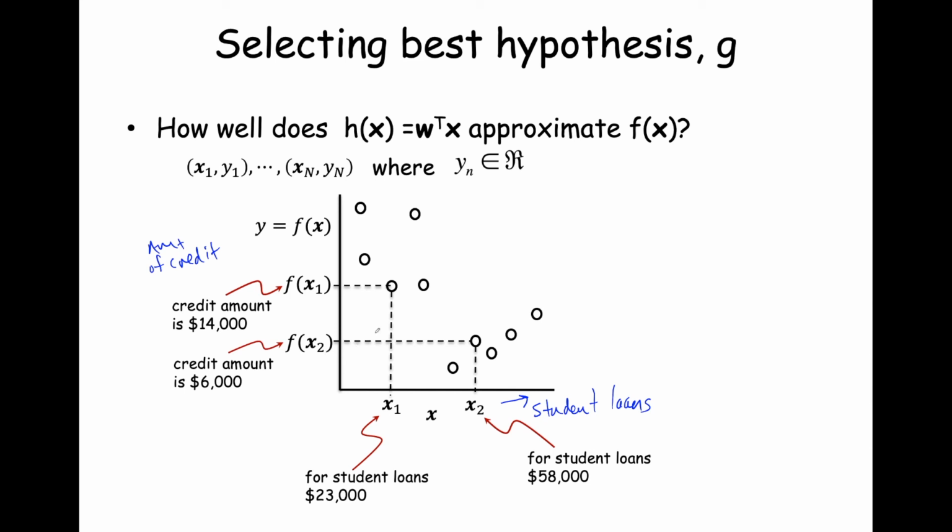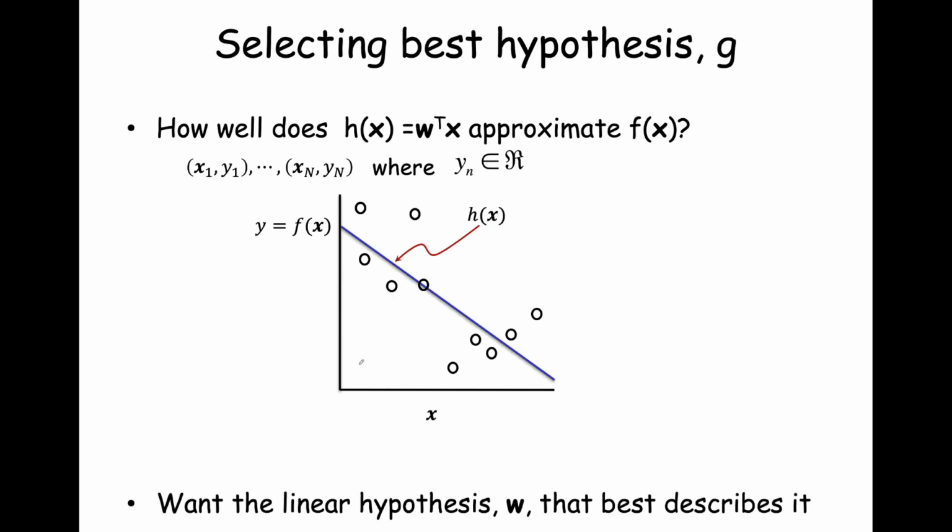And so here we have two examples of applicants, each one with a different amount of student loans, and each one therefore is assigned a different size for the credit line. And so as you can see, X2 is bigger than X1, and therefore X2's credit line size is smaller than X1's credit line size. And so we have a number of such points.